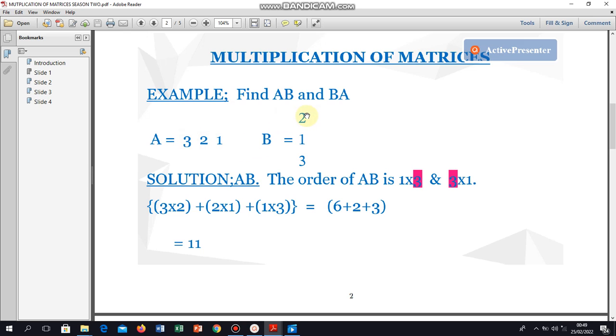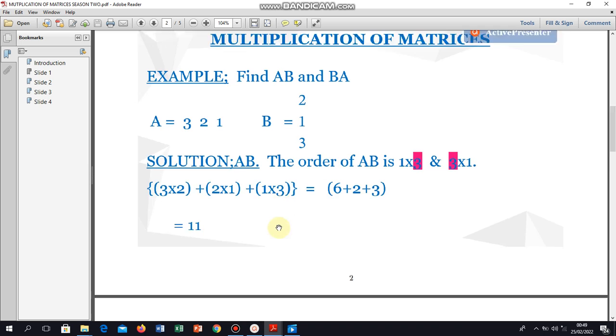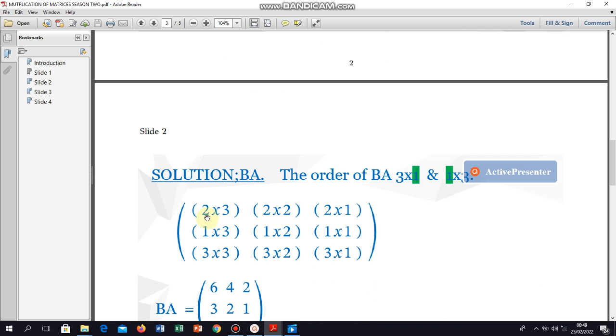So it will be 2 times 3. Then we are going again to have 2 times 2. Then we are going to have 2 times 1. As you can see, I've done that. 2 times 3, the element at this point. 2 times 2, the element at the second column. 2 times 1, the element at the third column.